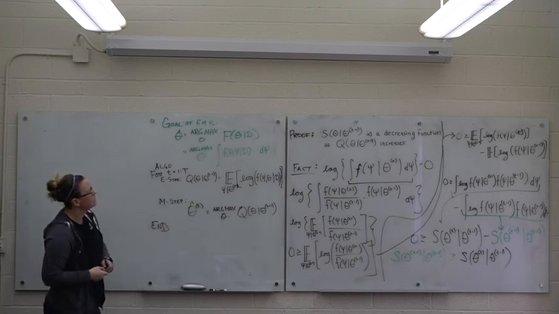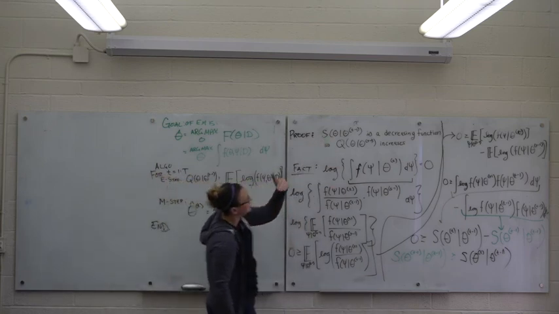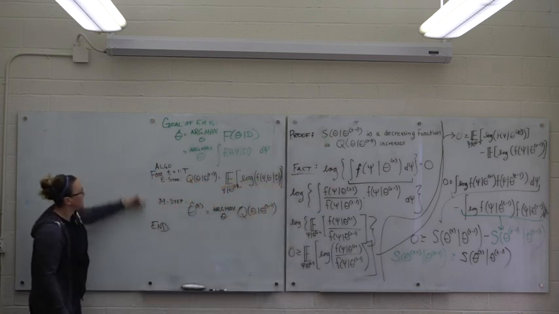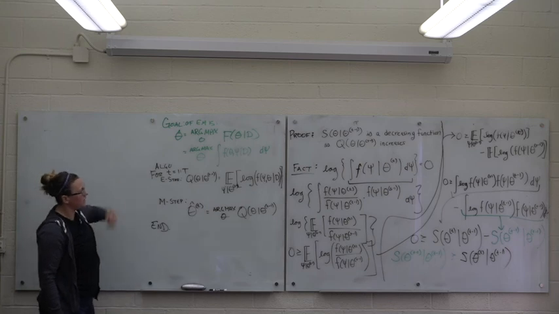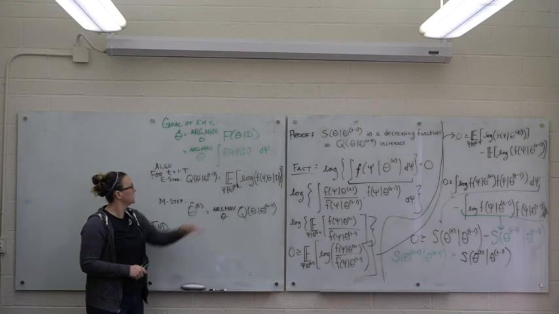What we showed through proving that this s function is decreasing is that by going through these steps iteratively, you will get here.